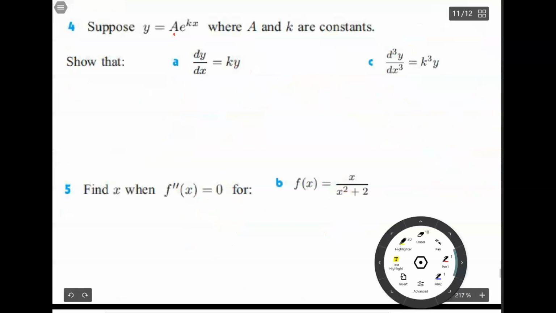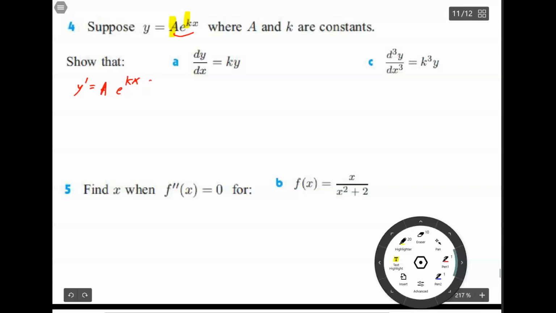Suppose y equals this expression here, and remember that the k and the a here are just constants. Show that the derivative of this function is equal to ky. Okay, so first thing we're going to do is find the first derivative, and a is just a constant, so we just leave it there. And the derivative of e to the kx is e to the kx, because the derivative of e to the something is e to the something.